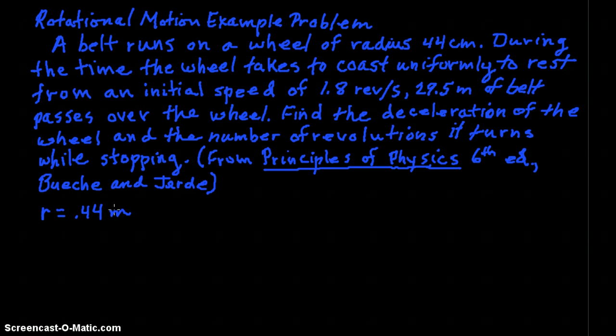So here we have quite a lot of information: the final speed is 0 because it says it comes to rest. The initial speed was 1.8 revolutions per second, and then I would convert that to radians per second, and there's 2 pi radians per revolution.